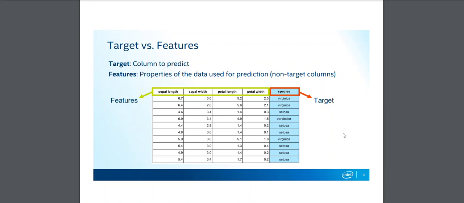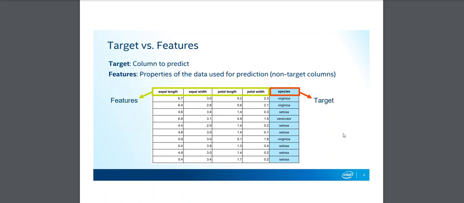Now, one of the things that you'll see quite often, not just in this course, but if you're in the AI program, you'll see it in future courses, is one of the most commonly used data sets is the iris data set.